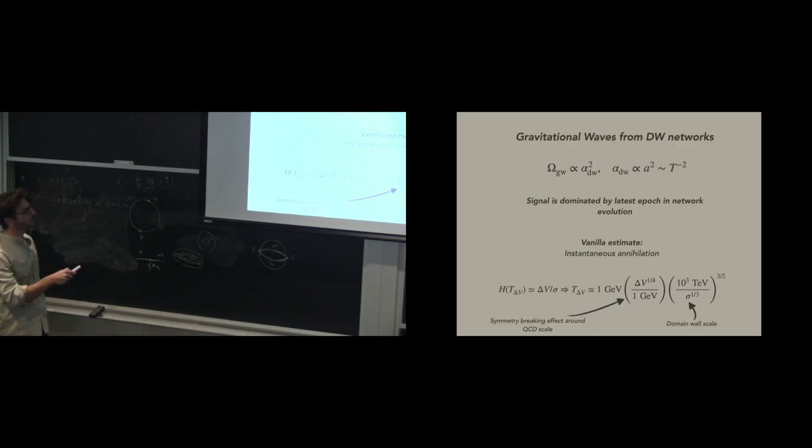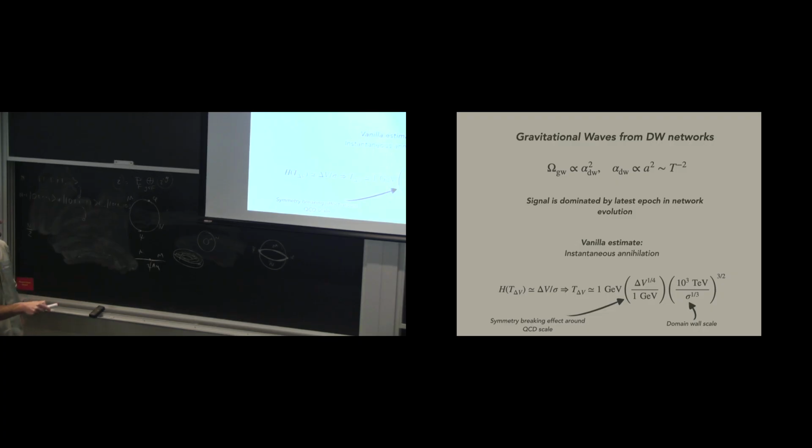But from the point of view of gravitational waves, the estimate that people have been doing so far is very simple. People, of course, assume the standard picture that I was showing in the first slides with the transient source, and then they assume that these domain walls disappear at a given epoch with some instantaneous process due to this bias, and then they get the following.